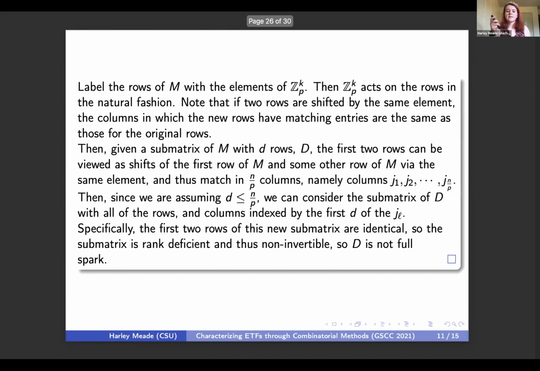Let's see if I can find this. We're basically looking to see where the second row in whatever set of rows we're looking at has ones, or where the unshifted one would have ones.